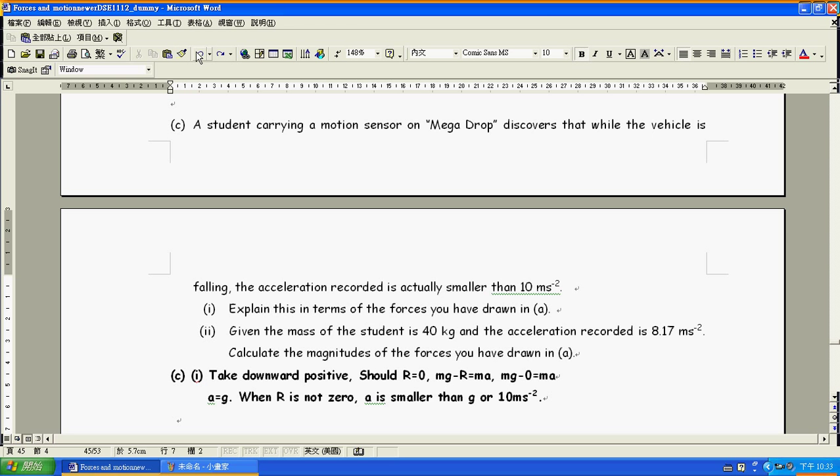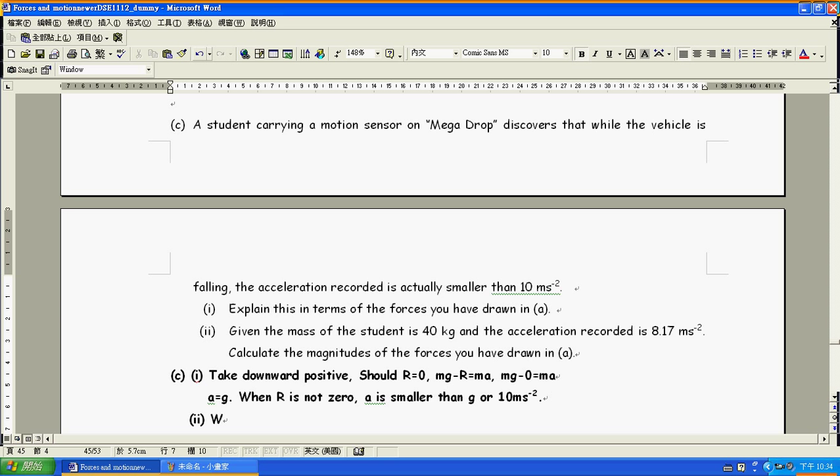Part C2: given that the mass of the student is 40 kg and the acceleration is 8.17 meters per second squared, calculate the magnitude of the forces you have drawn in part A. So this is too simple.